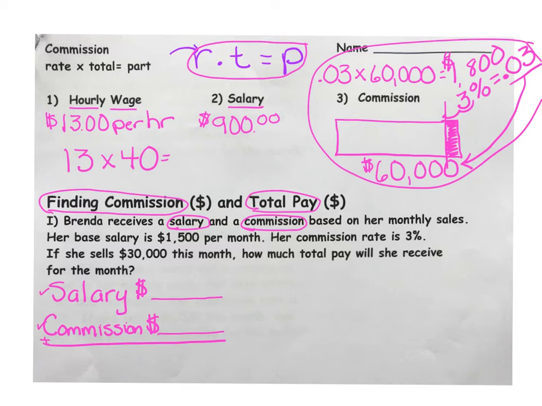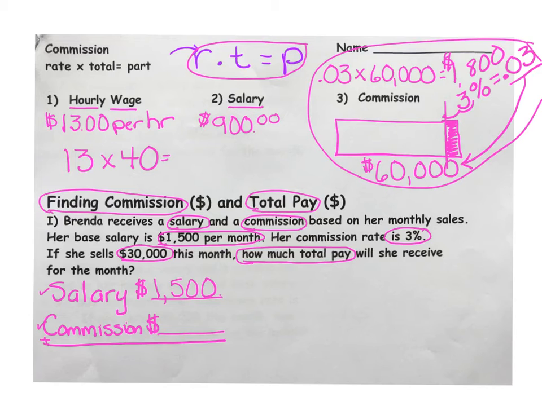But let's continue. If her salary is $1,500 a month, okay, there's her salary, $1,500. Her commission rate is 3%, or 3 cents on every dollar sold. If she sells $30,000 this month, how much total pay will she receive?